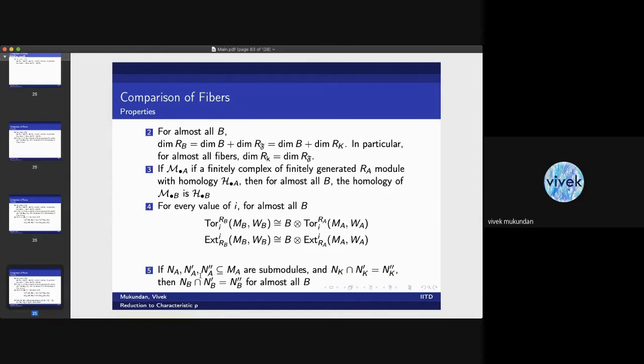Suppose you have N', N'' submodules, such that N intersection with N' is N''. Then for almost all B, NB intersect with NB' is NB''. So for almost all fibers, NK intersect with NK' will be NK''.